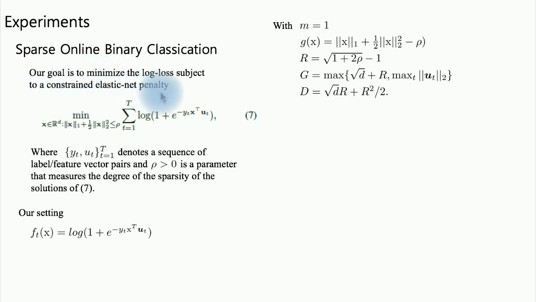Our goal is to minimize the log loss subject to an elastic net penalty constraint like this, where YT and UT denote the sequence of label and feature vector pairs, and rho is the parameter that measures the degree of sparsity of the solution of equation 7. In our setting, ft is set to log of 1 plus exponential of minus yt x transpose ut with a hyperparameter m, gx, and r and g and d.